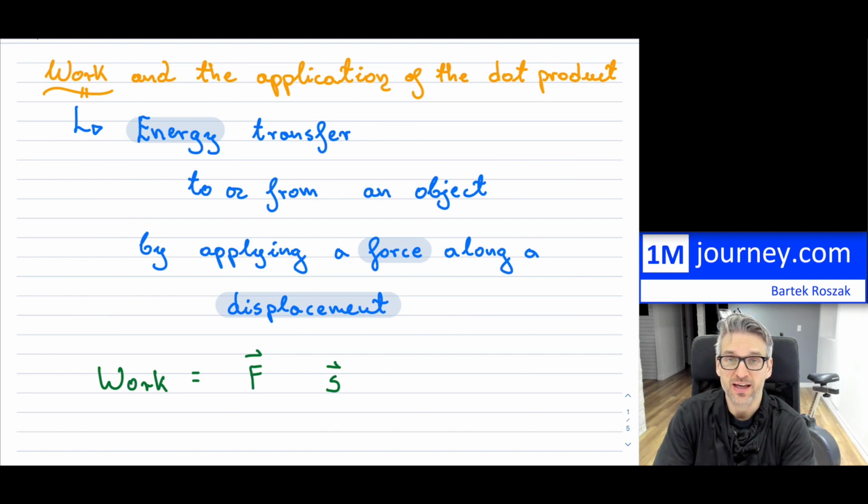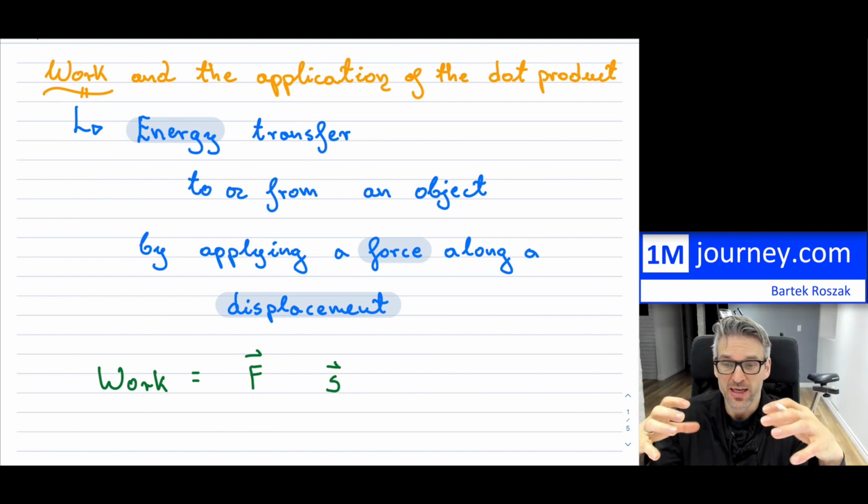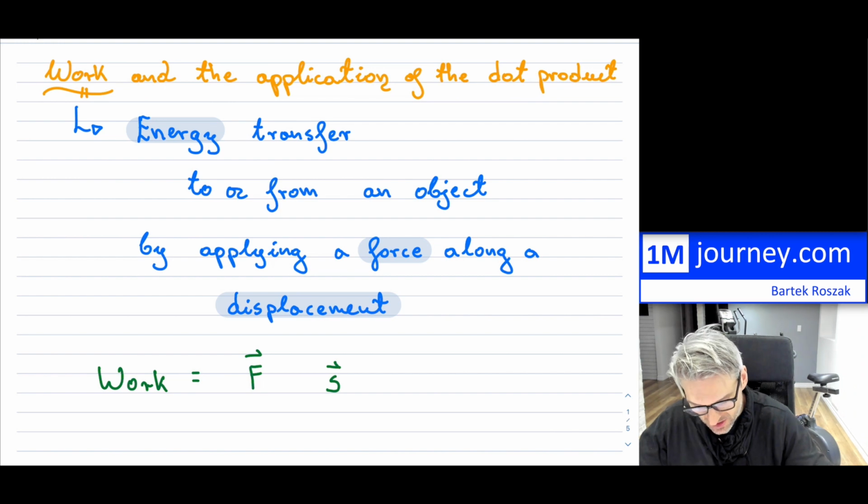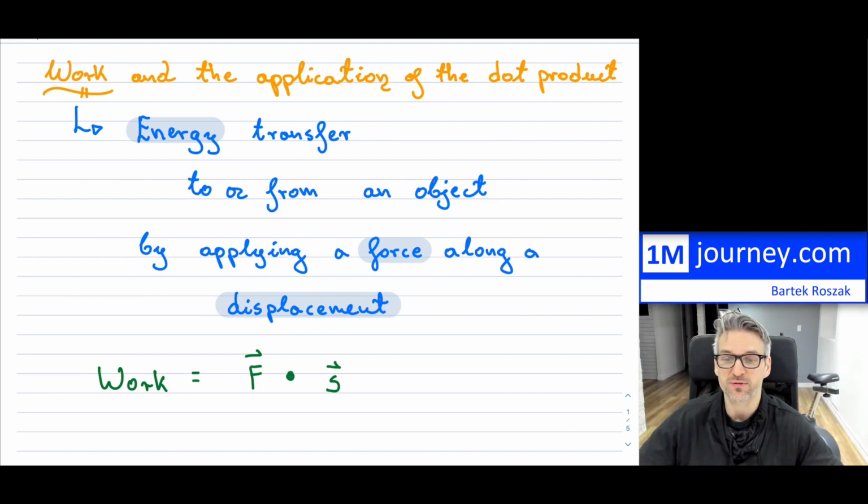Well, what physics says is that it is interested in the energy transfer of the actual force and displacement that is combined together as they're working. And how it relates this back is through the dot product. So it takes the dot product between the force and the actual displacement.